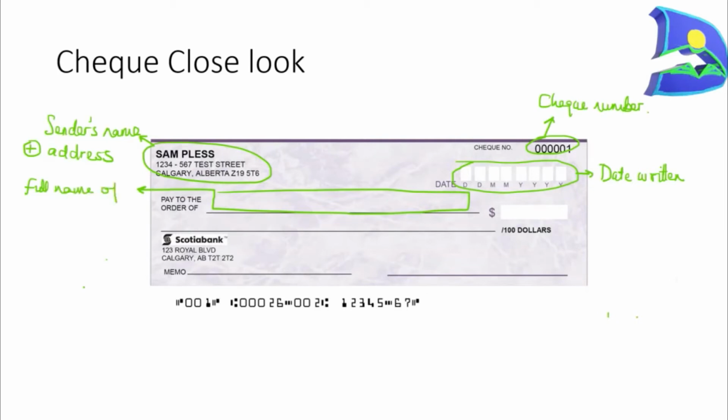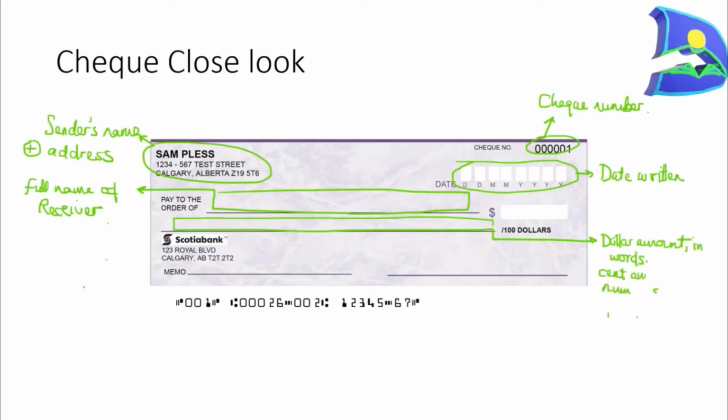So the name is written down in that particular row, which is the full name of the receiver. And the next line here tells you that you have to write the dollar amount in words and the cents amount in numbers. And once you have that, your next step is to write the numerical amount, either in dollars or in cents.